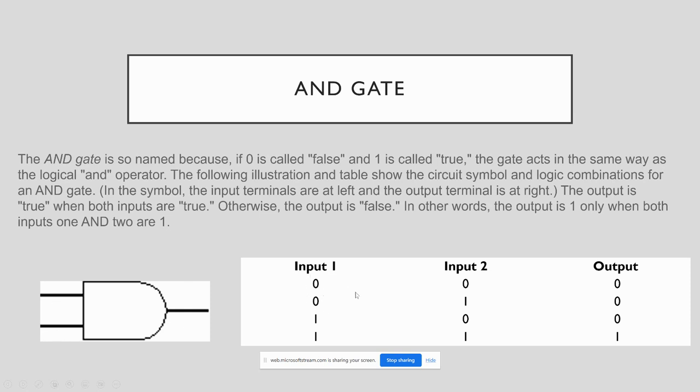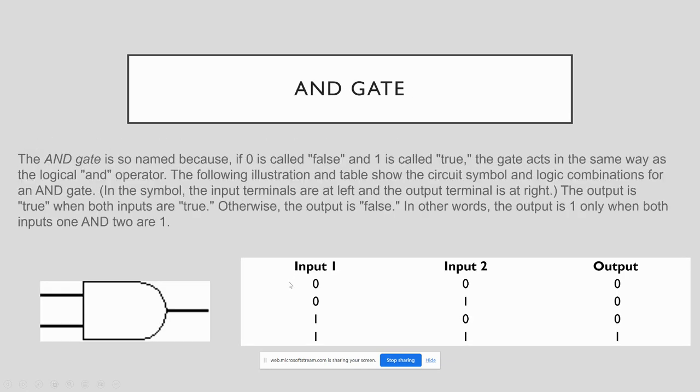Now, when you do logic gates with two inputs, the first thing you do is list your zeros and ones. The first input will be 0, 0, 1, 1, and the second input 0, 1, 0, 1. That is fixed. You always have to do that, which I will show you with the OR gate in a minute. So when it's 0, 0 it's 0. When it's 0, 1, it's 0. When it's 1, 0, it's 0. If both are on, then you have it on.